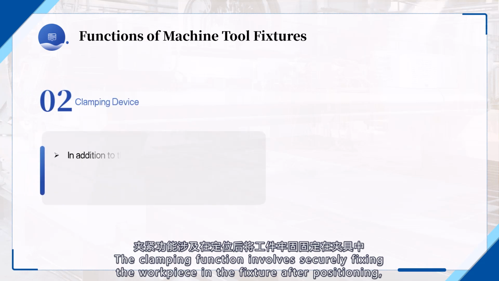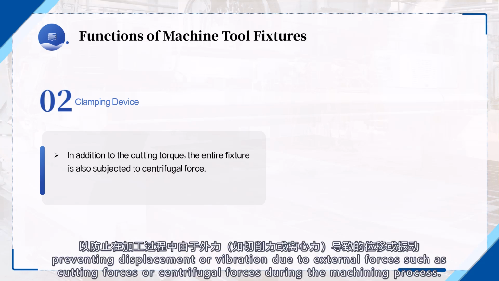The clamping function involves securely fixing the workpiece in the fixture after positioning, preventing displacement or vibration due to external forces such as cutting forces or centrifugal forces during the machining process.